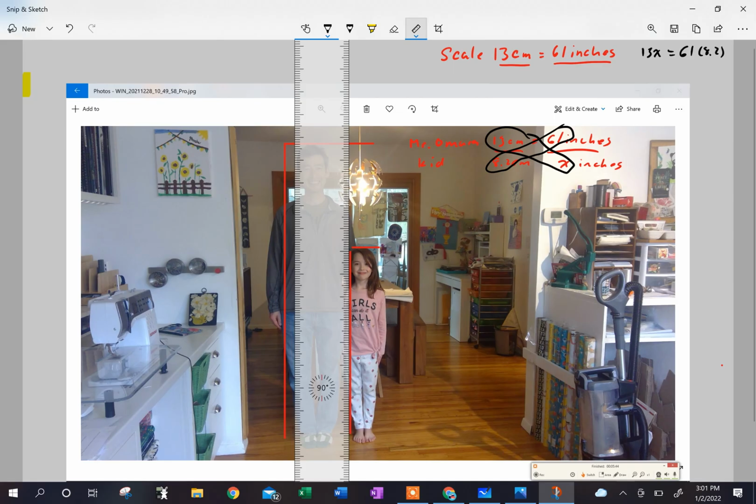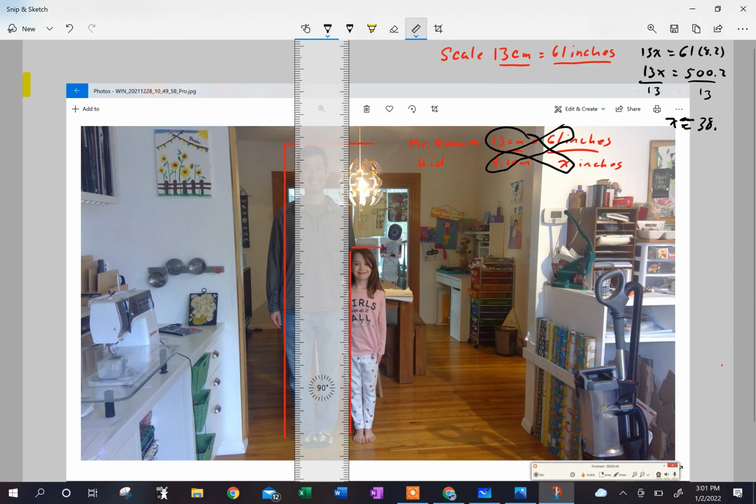So let's see. 61 times 8.2 is 500.2. And now I'm going to divide by 13. So I get 500.2 divided by 13, which gives me a total of x is about 38 point, I'm going to say 0.5, I'm rounding up, inches.